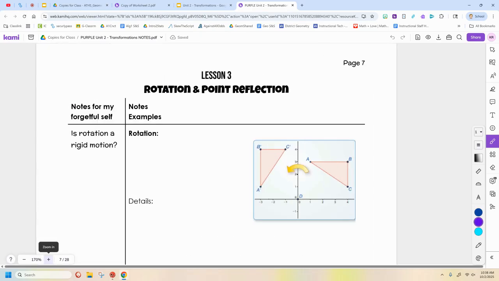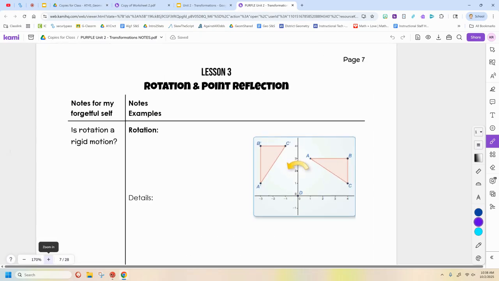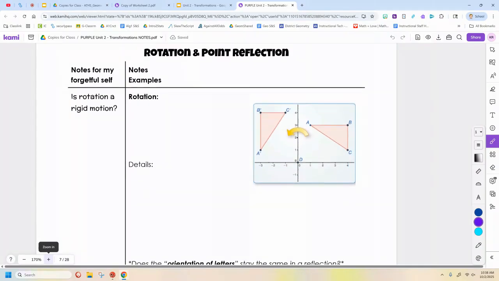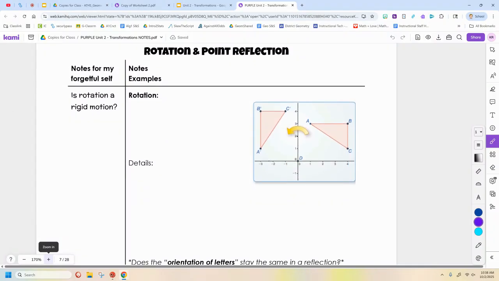Okay, so this is our last rigid motion. We did translation, we did reflection, and now we're on to rotation. So what is rotation?